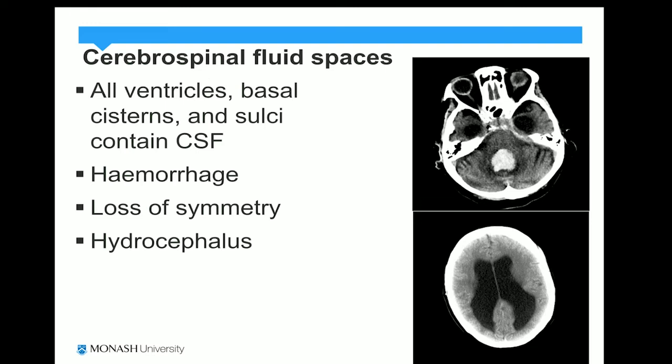So what you want to look for is loss of symmetry, so that the ventricles on the opposite side do not look the same, and then also signs of hydrocephalus, which means that the ventricles are enlarged. So in this case here we have got a bleed, and that's our fourth ventricle, so you can see that there's blood there. But we can also see that the temporal horns of the ventricles are dilated, and we can see that the posterior horns of the ventricles are quite dilated, and that's a sign of hydrocephalus.